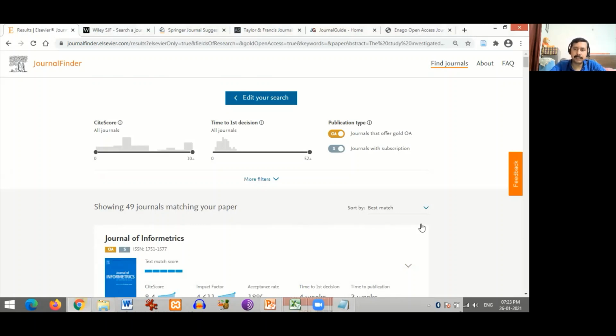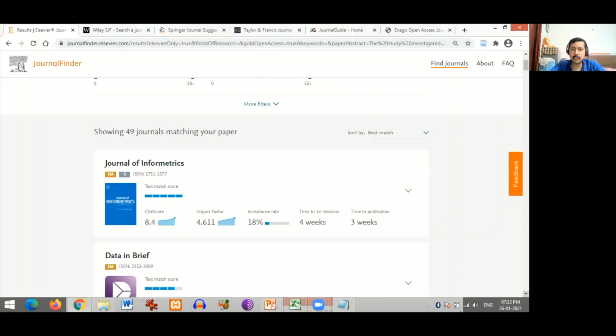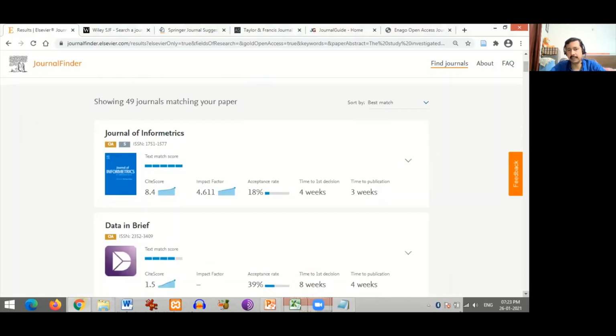The best part of these journal finder services is the insights which you get for each journal. For instance, you are getting the impact factor of this particular journal, Journal of Informetrics, and acceptance rate is 18%. This means that out of 100 articles received by this journal, it generally finally accepts 18 articles.